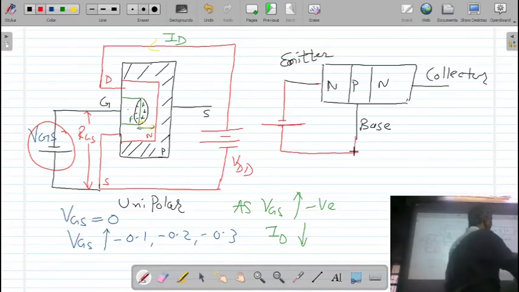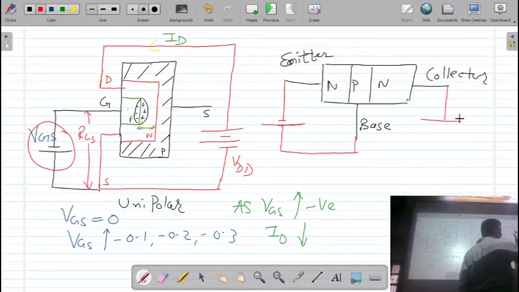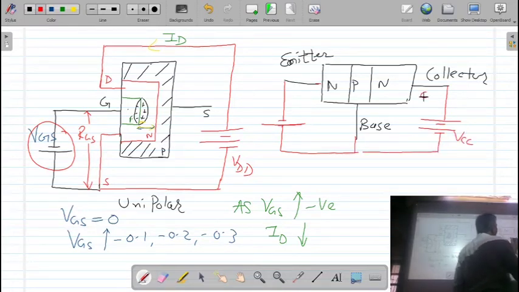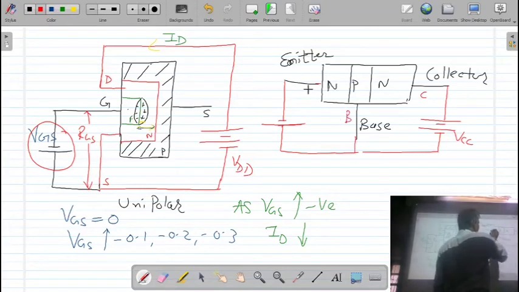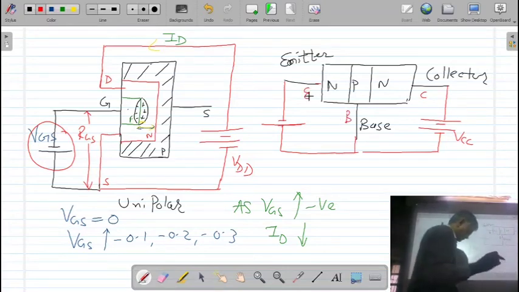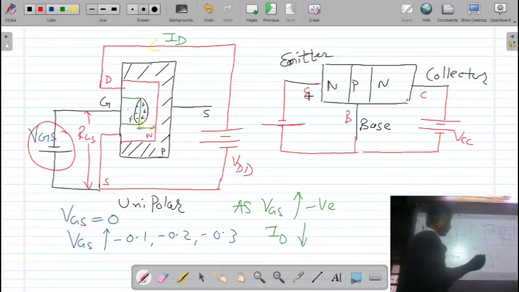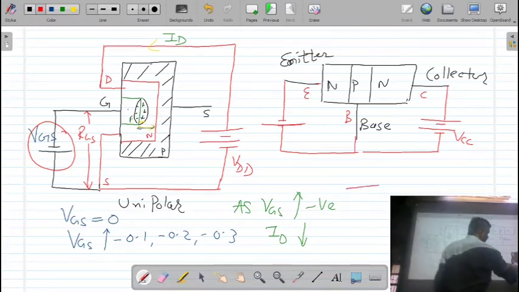And the collector should always be kept in reverse bias. This is N-type, so plus, and we connect in this way, and here we are adding VCC. This is C, this is the base, and this is your emitter.